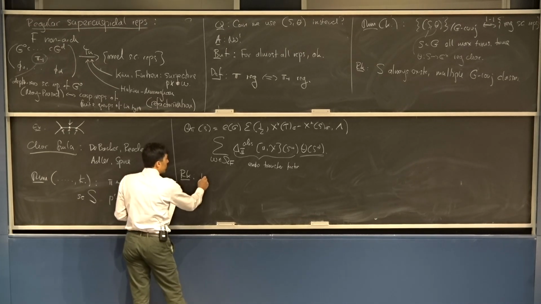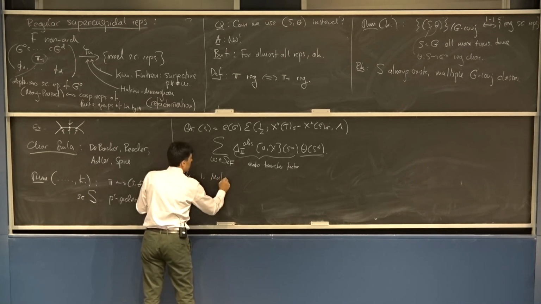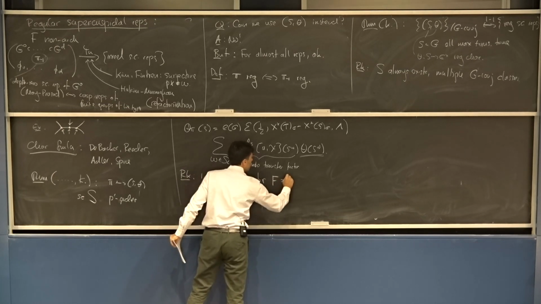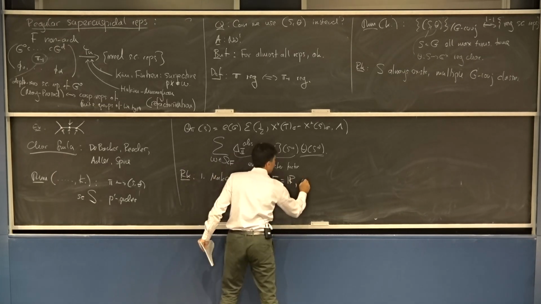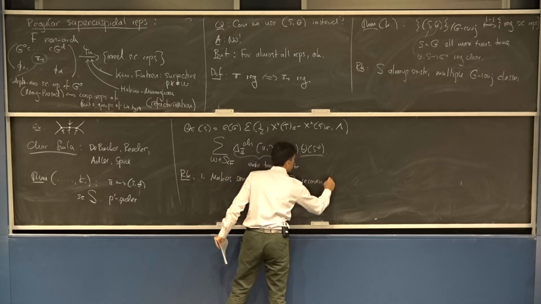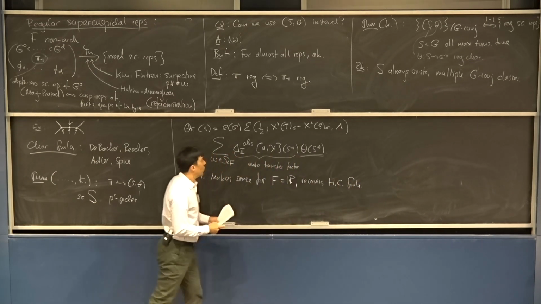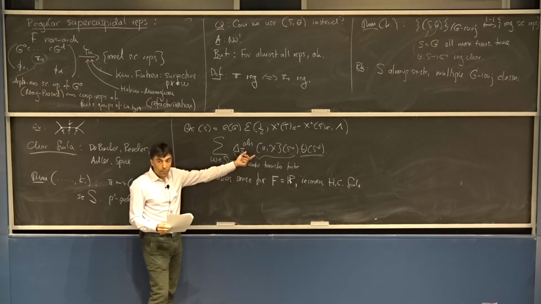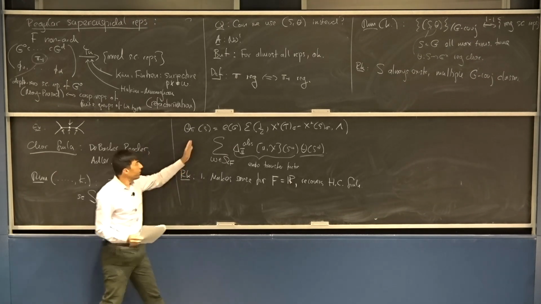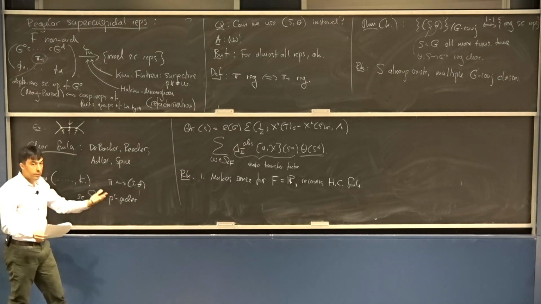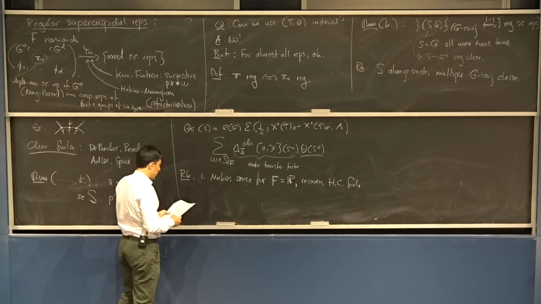The point here is this makes sense for F equal to R, and there it recovers the Harish-Chandra formula. So whatever this thing is, it ends up specializing together with these constants to the Weyl denominator in the setting of the real numbers.